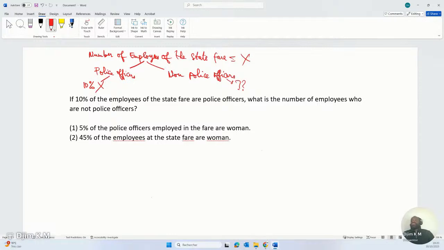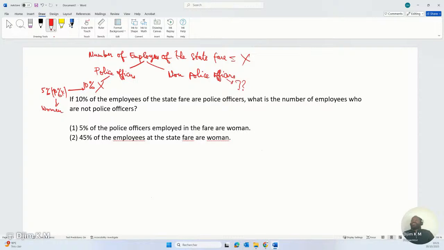It says that 5% of the police officers employed in the fair are women. So the first condition tells us that 5% of 10% of X are women.